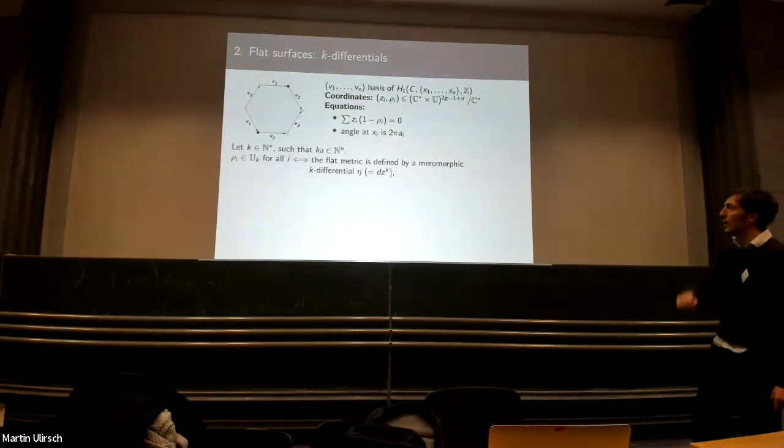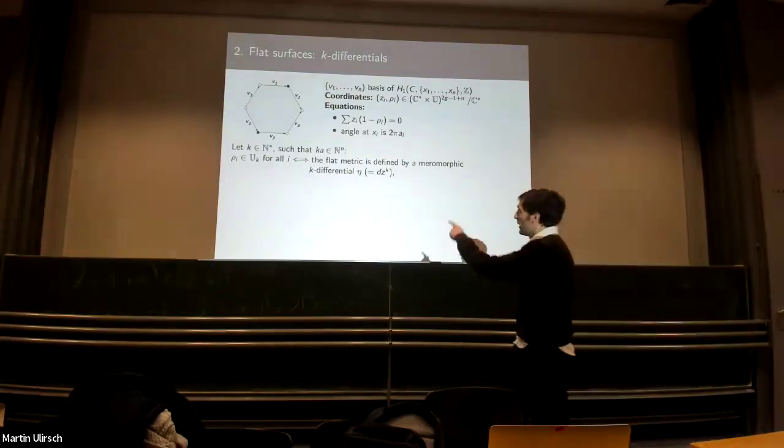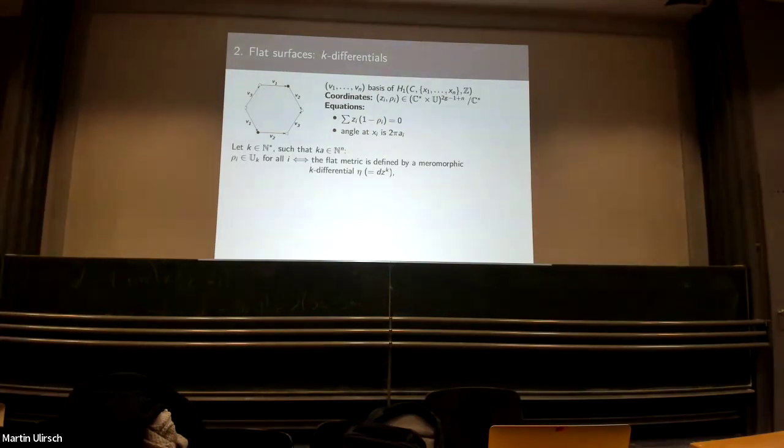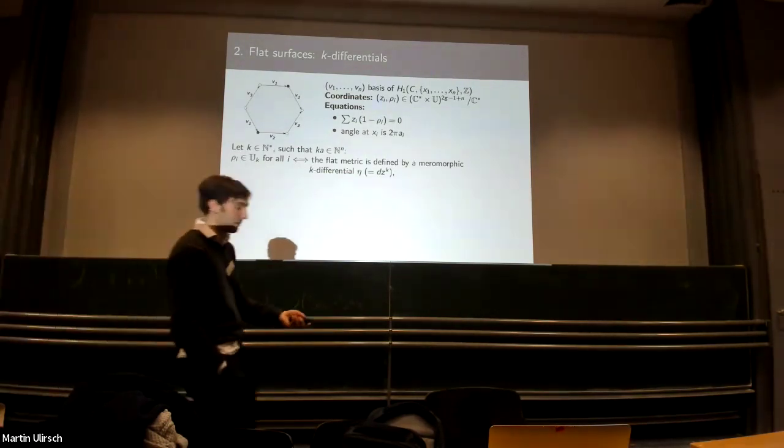And I assume, for instance, that all the ρ_i will belong to μ_k, the group of k-th roots of unity. So if you take the example that I have above, where all the ρ_i were 6th roots of unity, in this case, I can choose k equals 6 or any multiple of 6.